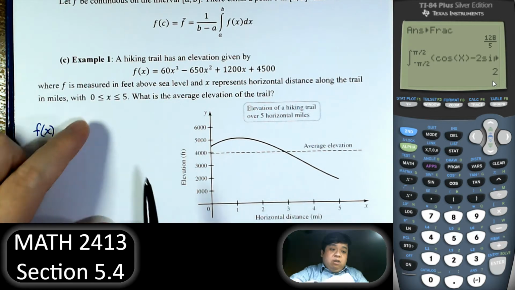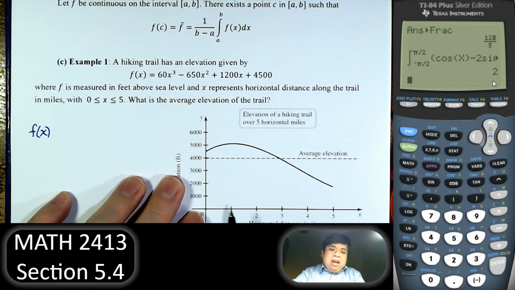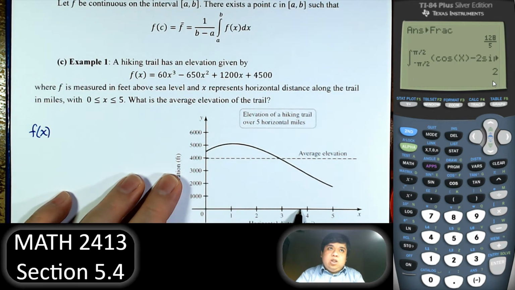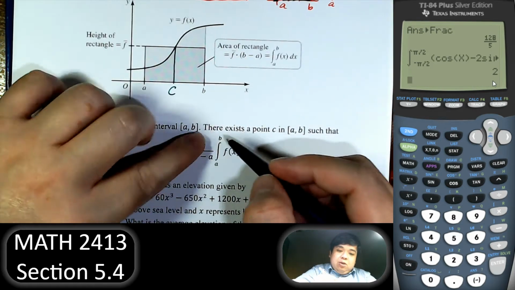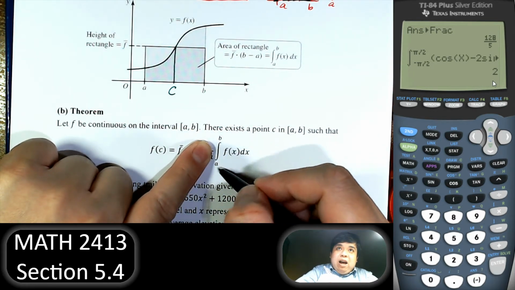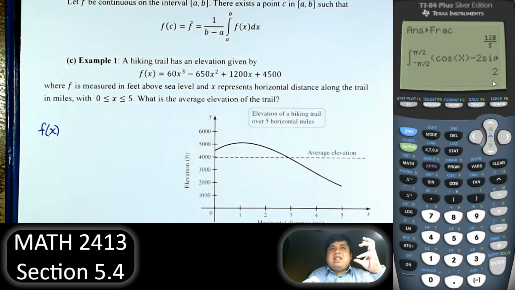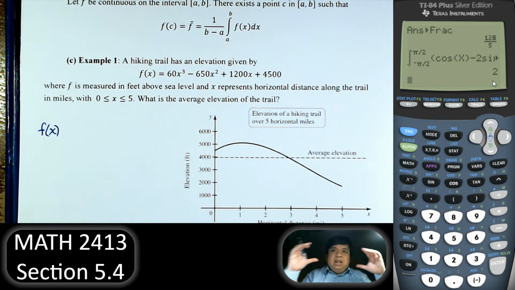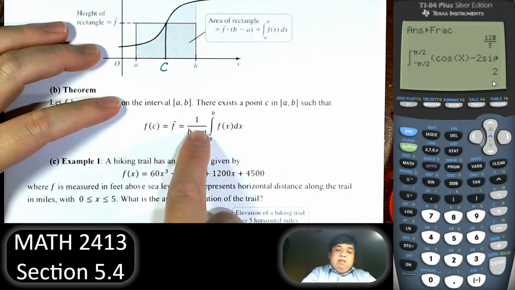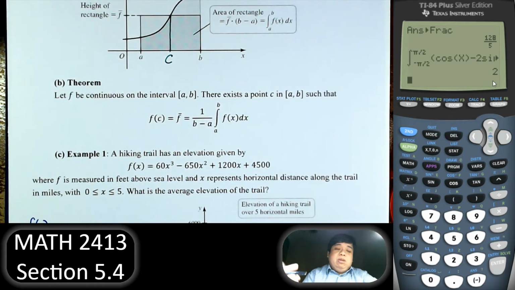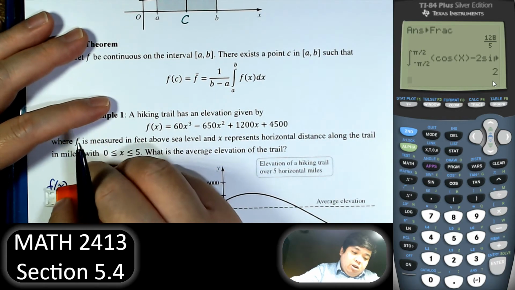The function is defined from 0 to something, let's say 0 to 5 in this case. We have infinitely many values, so we cannot just add all of them up. So in that case, the integral will sum up all the values, and then we divide by how many we have. In a sense, that's like the average: add all of them up, divide by how many numbers we have. Now the sum is the integral, we add all of them up, and divide by the width of the interval, which is how many we have. So that gives us the average value of the function.